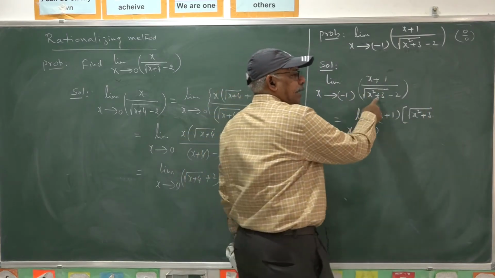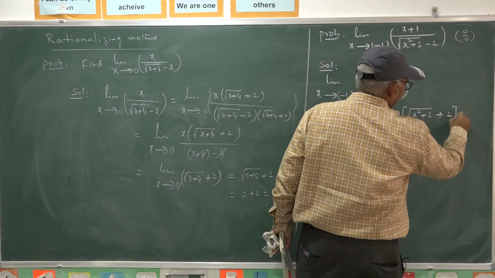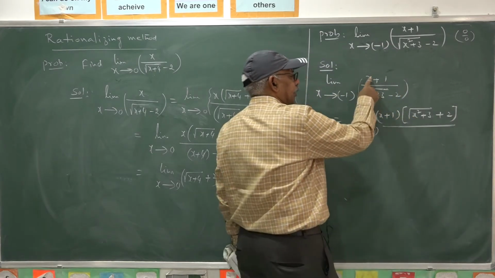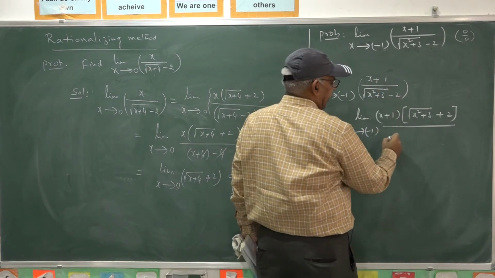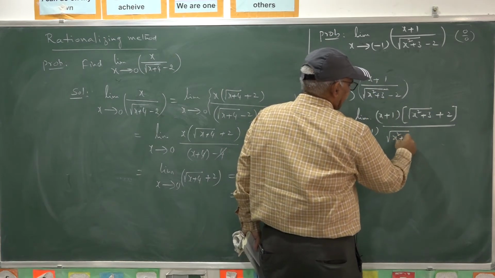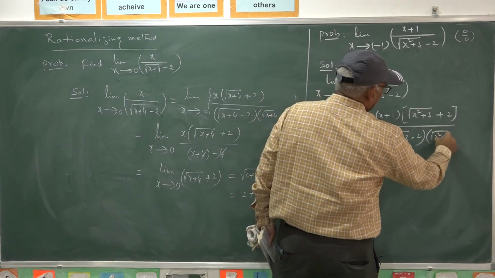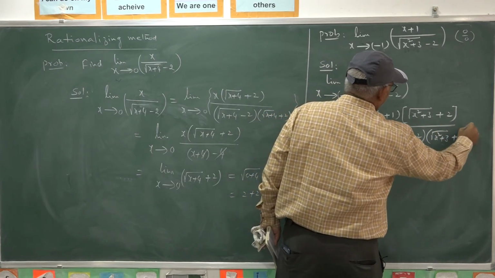The rationalizing factor of the denominator is clearly root over x square plus 3 plus 2. Multiplying the numerator and denominator with that rationalizing factor, x square plus 3 minus 2 into root over x square plus 3 plus 2.